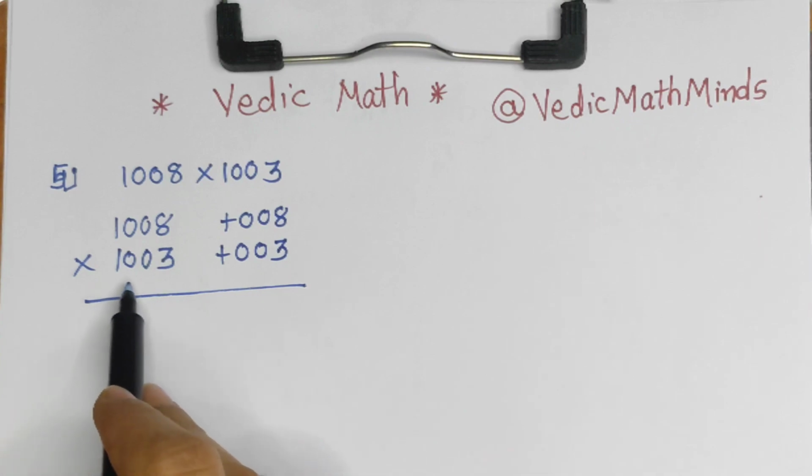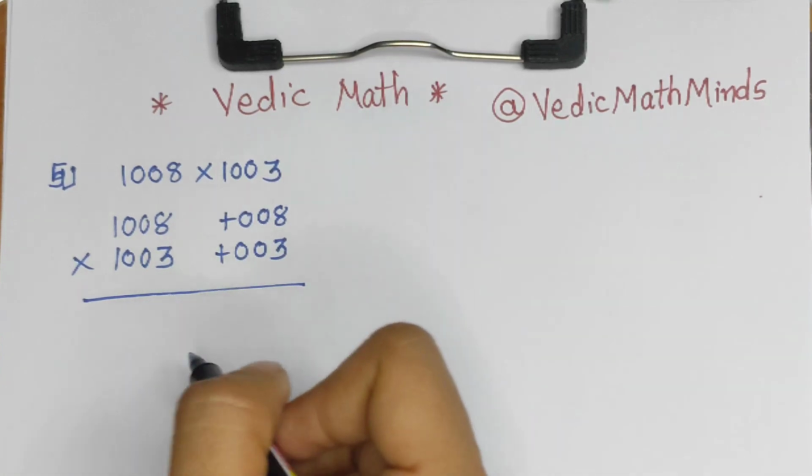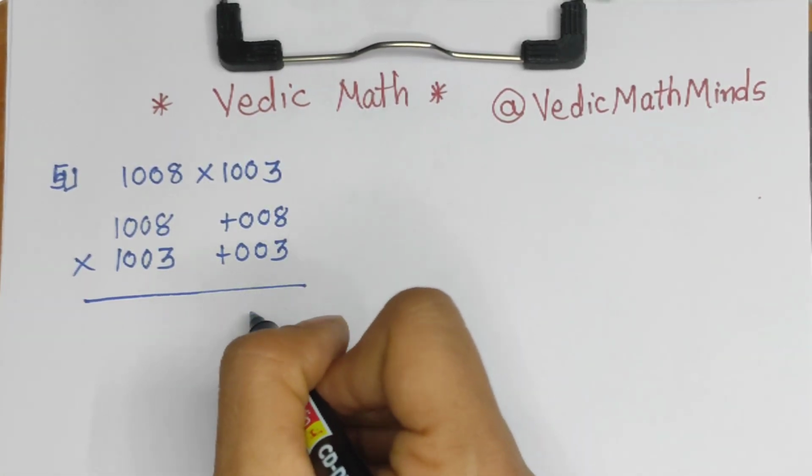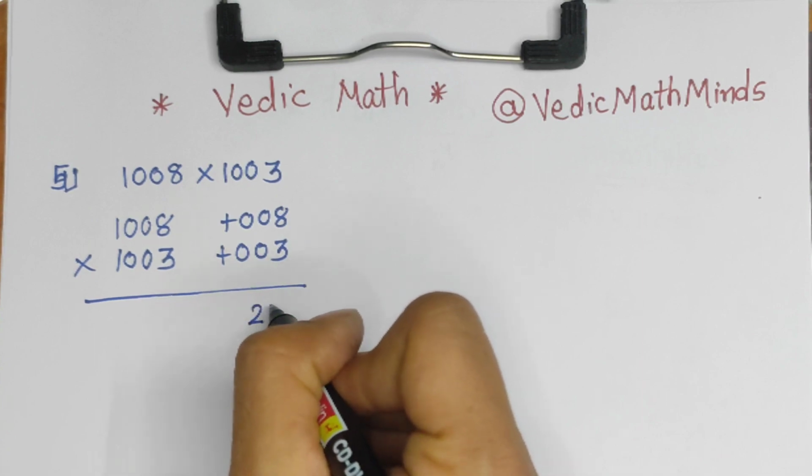Because the base is 1000, the deviation is 003. More zeros give more digits. First of all, multiply the deviations: 8 times 3 is 24.